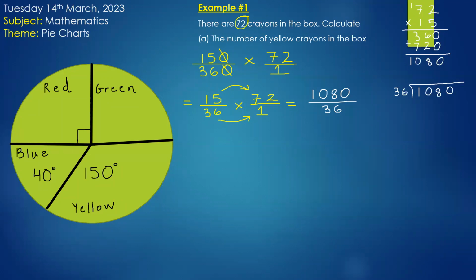So you have to be able to divide two-digit numbers, and you have to be able to multiply two-digit numbers. That's the trick for this one. So it's a bit more taxing on the math side of it.